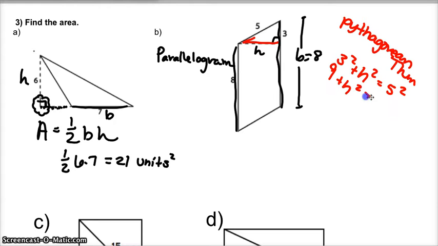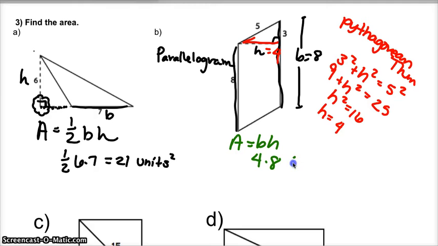When I subtract the 9, that gives me 16. So h equals 4. The area is going to be base times height, so it's 4 times 8, which is 32 units squared.